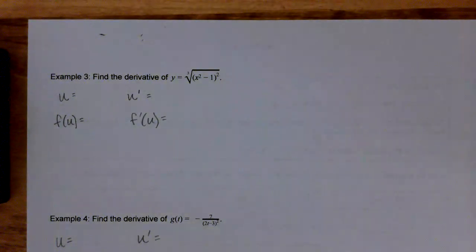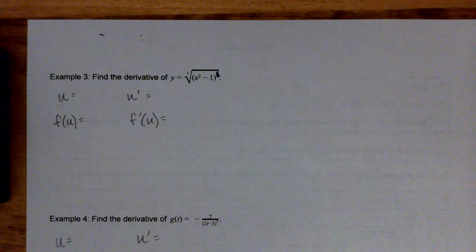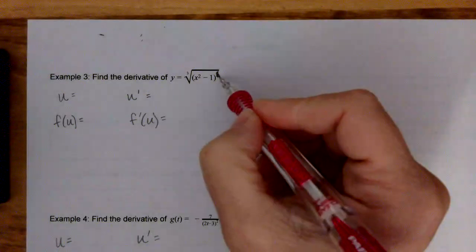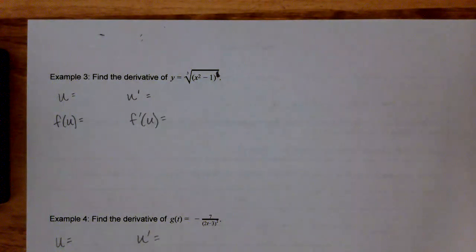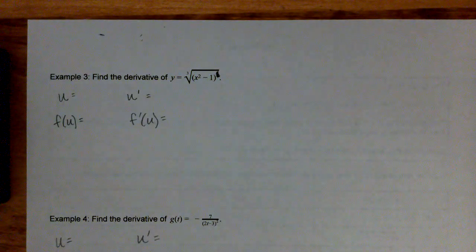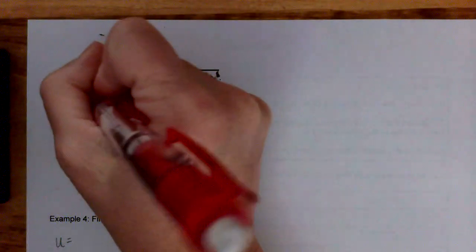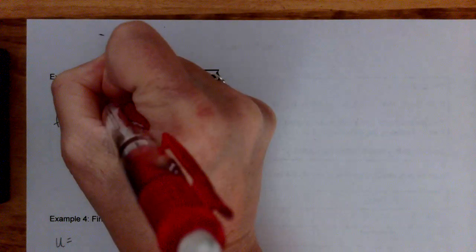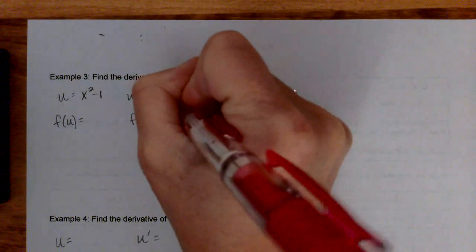Okay, for example 3, I would like you to pause the video and determine u prime, f of u, and f prime of u. So I apologize, I had a typo on my paper. I'll update it on yours. So hopefully you see that our u is x squared minus 1, so u prime is 2x.